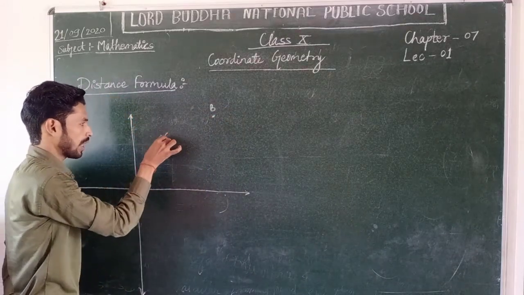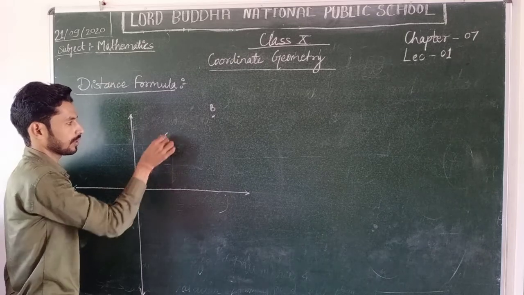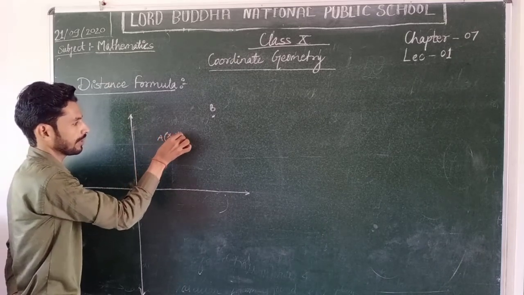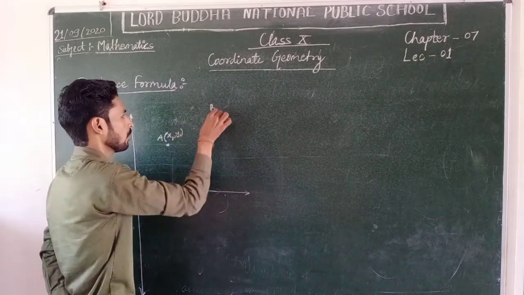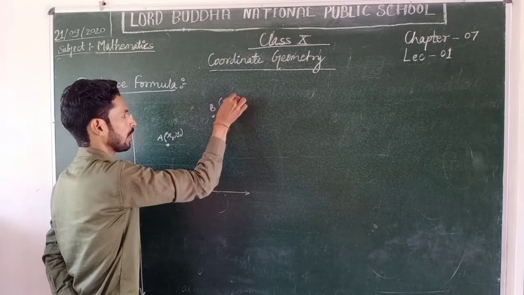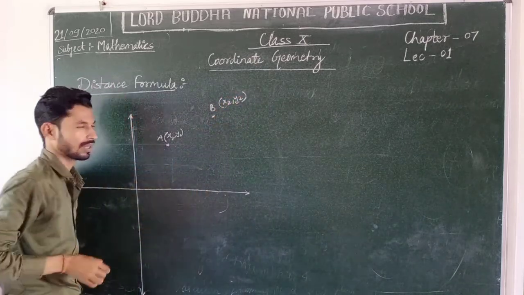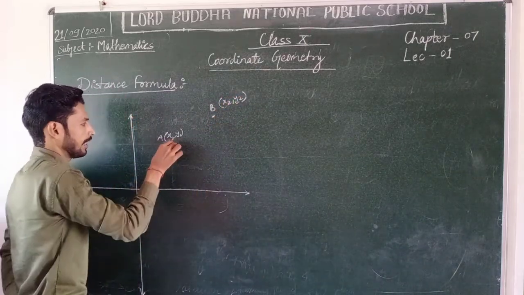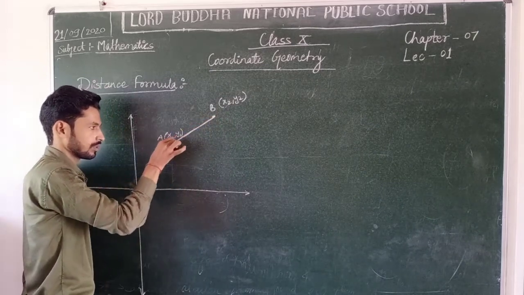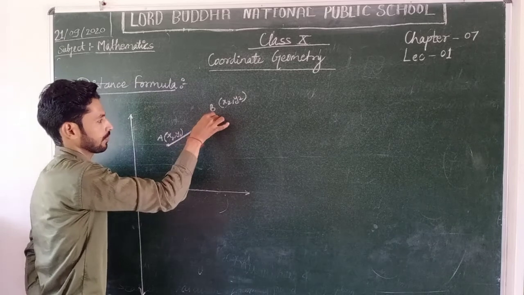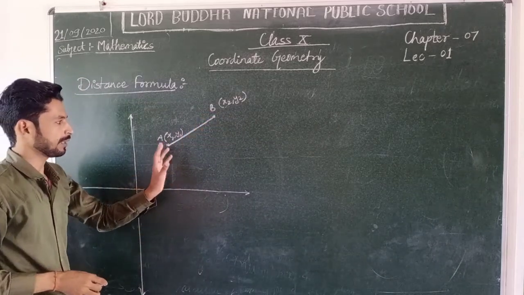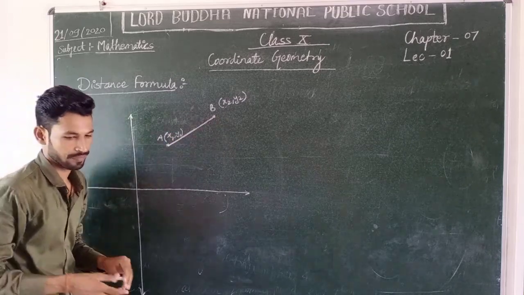Now the coordinates of point A are x1 comma y1, and the coordinates of point B are x2 comma y2. Suppose that, and join the points A and B. We are going to calculate the distance between point A and B.